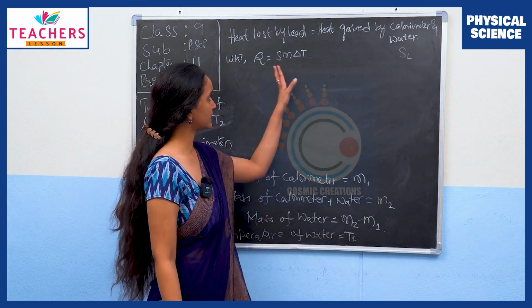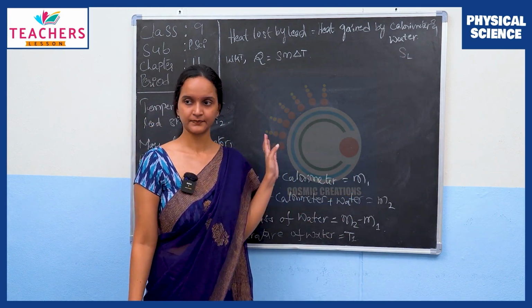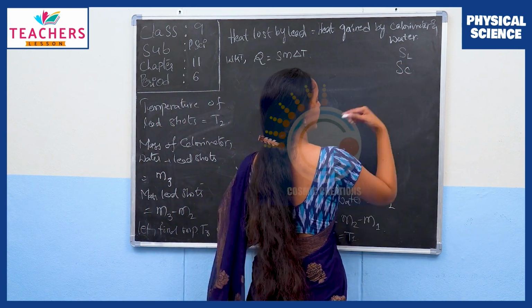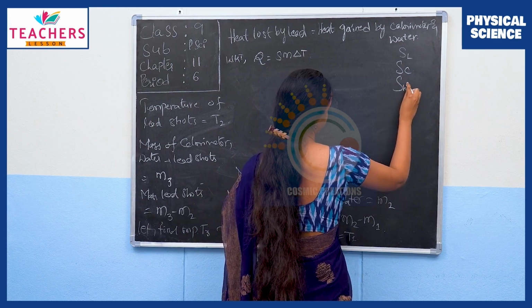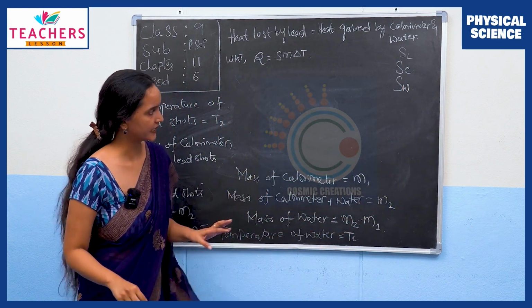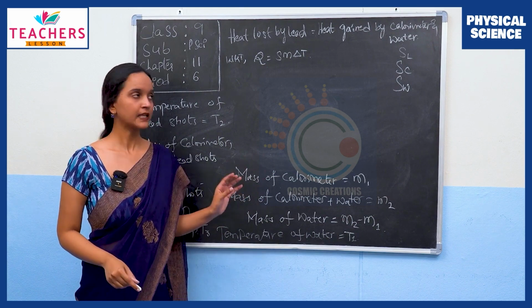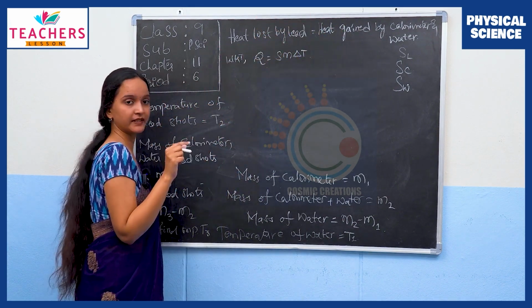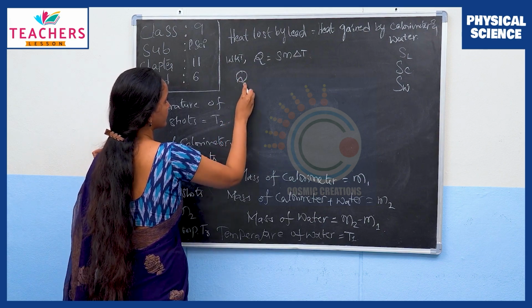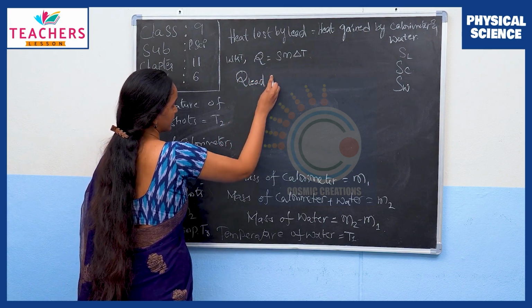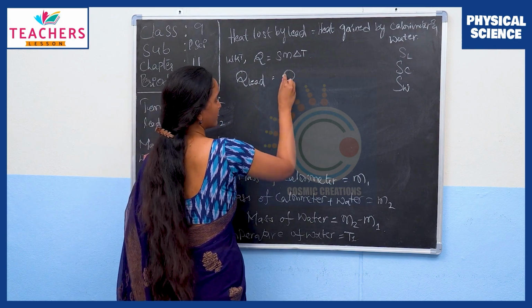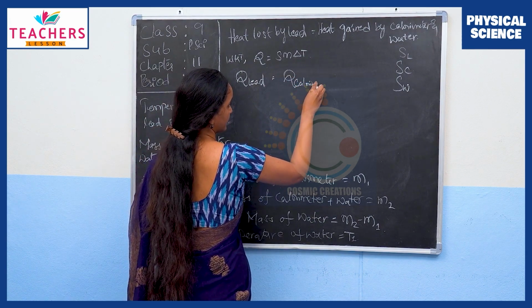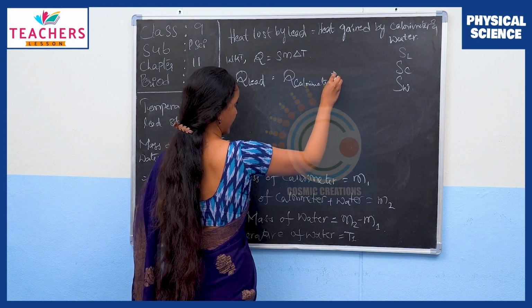Now SC be the specific heat of calorimeter, and in the same way SW is the specific heat of water. So now from this, heat lost by lead equals heat gained by calorimeter and water. You can say Q lost by lead is equal to Q gained by calorimeter and water.